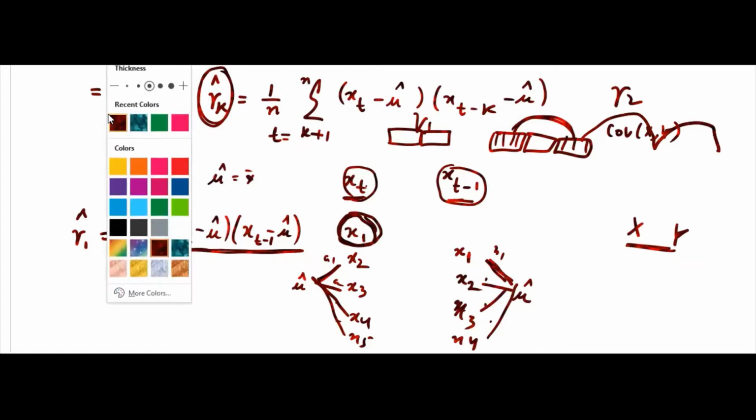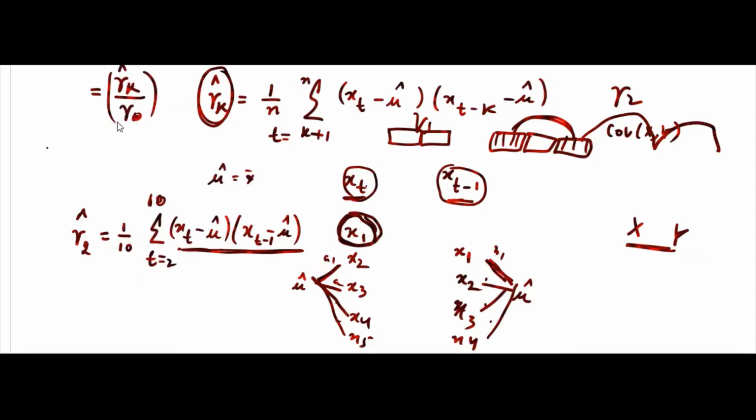If you want to get gamma 2 cap, then you don't consider this one as well. Now you have to find differences this way. Here x3 minus mu, then x1 minus mu, the difference is 2. So here in place of t minus 1, see k comes here, so I'll write 2, x t minus 2.